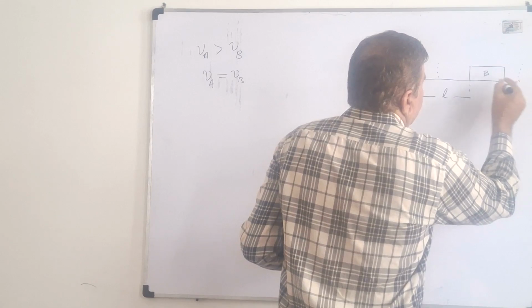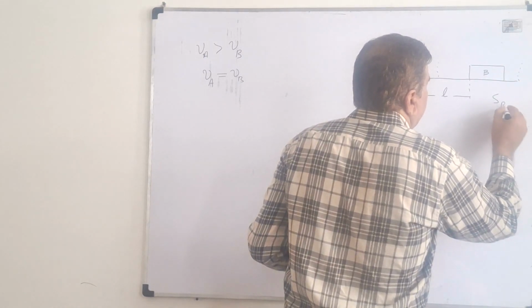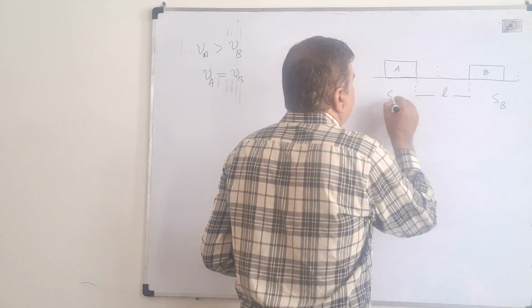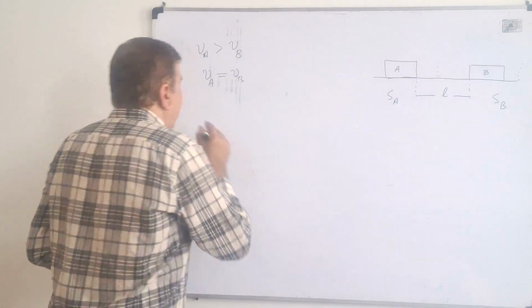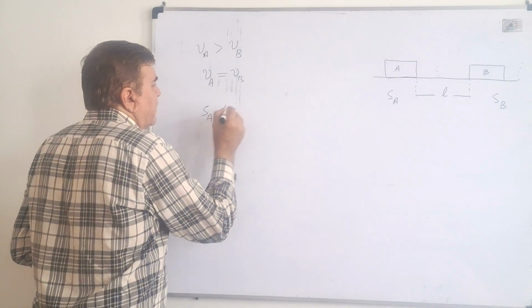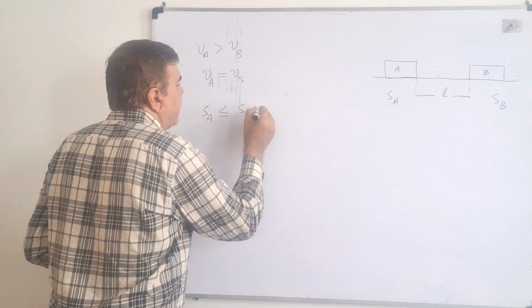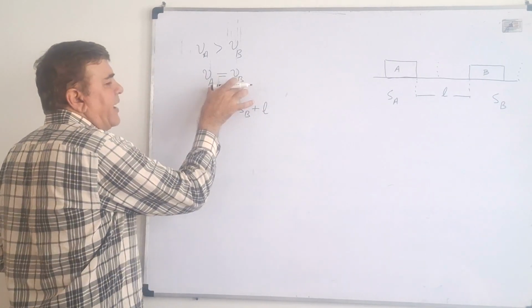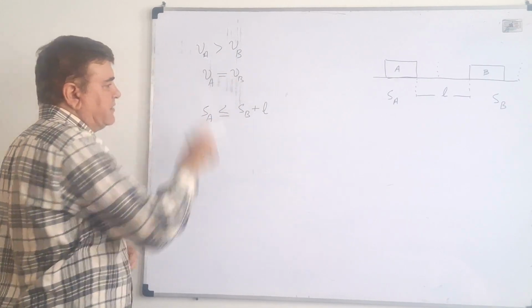I call the distance covered by car B SB and the distance covered by car A SA. Now, there will be no collision if the distance covered by car A is less than or equal to SB plus L, in the time needed to reduce the speed.